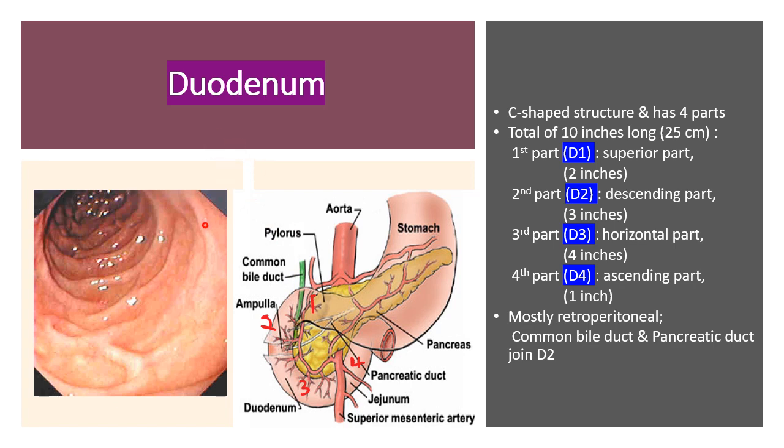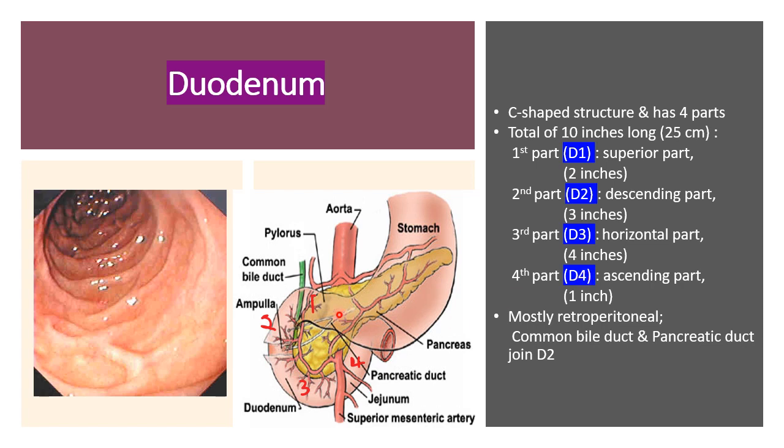Now we come to the duodenum. This is a picture of the duodenum, how the mucosa looks on endoscopy. It's a C-shaped organ. You can see here the stomach comes over here, continues as the pylorus, and then becomes the duodenum. First part of the duodenum, second part, third part, and fourth part as indicated here. There are 4 parts.